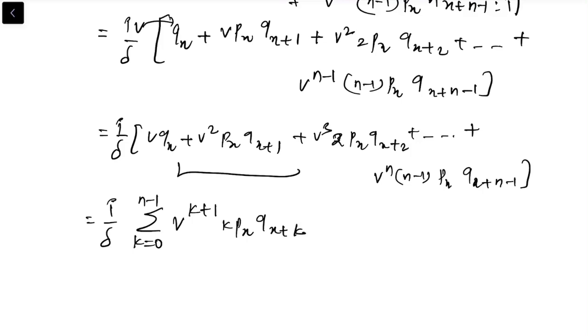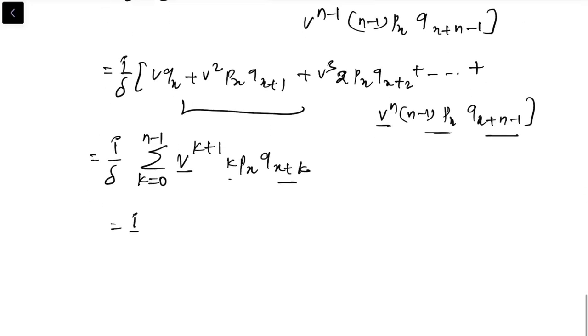So when you put k equals 0, you will get v, and then ₀p_x is simply 1, and then this is q_{x+0}, which is q_x, right? And at last, if you put k equals n minus 1, you will get vⁿ ₙ₋₁p_x q_{x+n-1}, right? So this is correct.